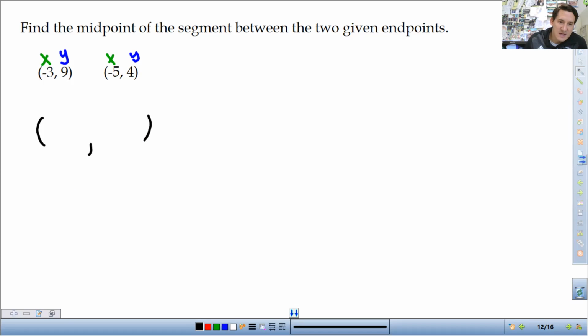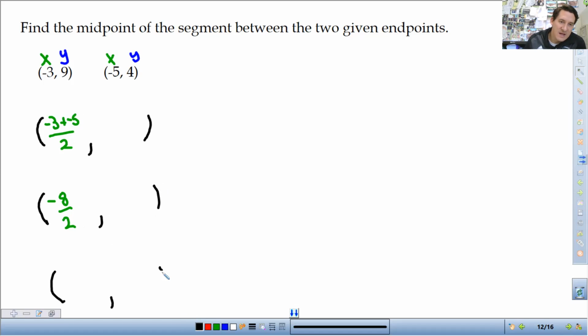So to find the average of the x's, it's going to be -3 plus -5 divided by 2. -3 plus -5 is -8 divided by 2.